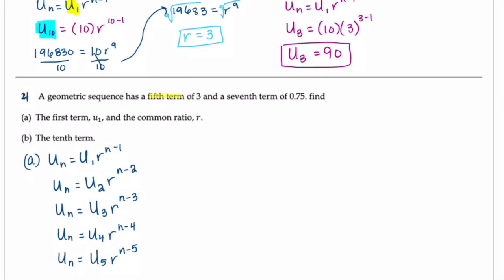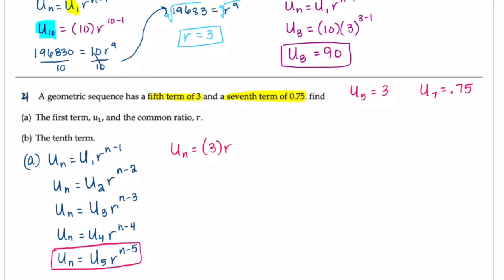Because they gave me my fifth term and my seventh term. So I know u sub 5 is equal to 3, and I know u sub 7 is equal to 0.75, which means that I am going to use this formula to find my common ratio.